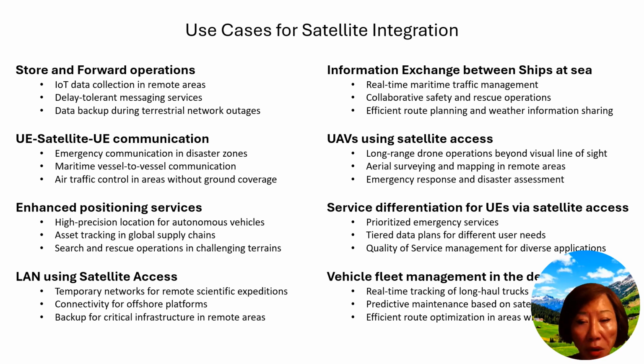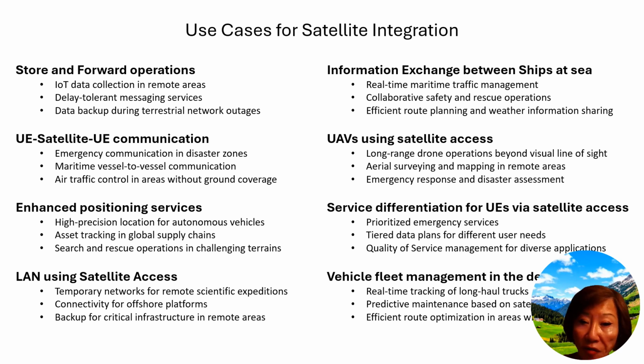Store and forward operations enable communication in areas with intermittent coverage, crucial for IoT applications in remote locations. UE to satellite to UE communication revolutionizes emergency response and enables connectivity in areas beyond terrestrial network reach.